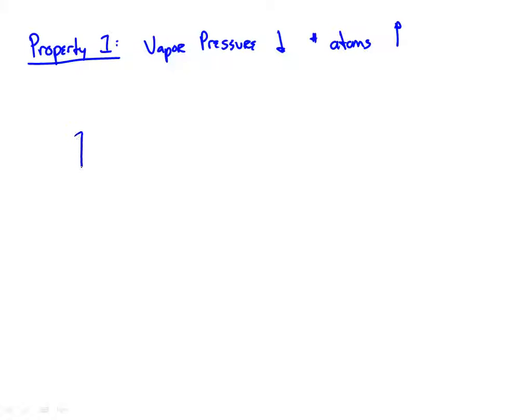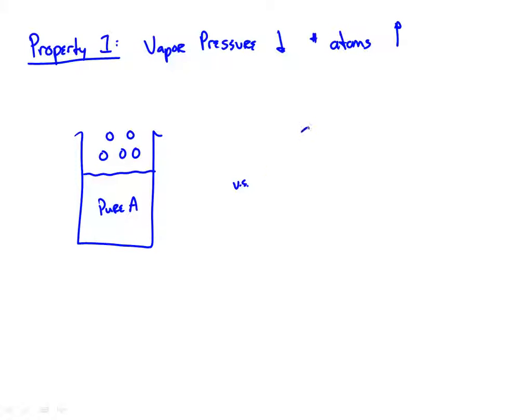Property 1. So vapor pressure decreases as the number of atoms increases. So what we're saying is that if I've got 2 beakers, and this is compound pure A, then I'm going to have a certain vapor pressure, right?